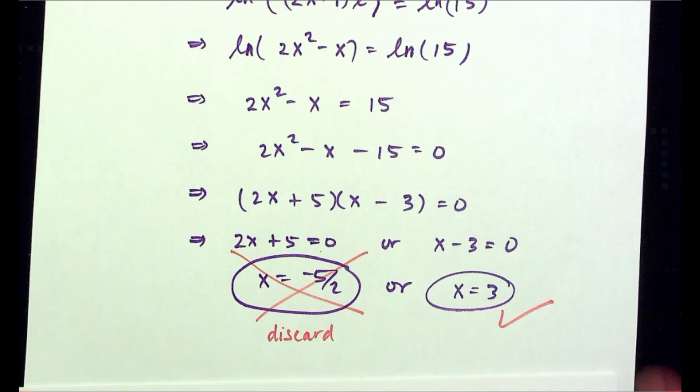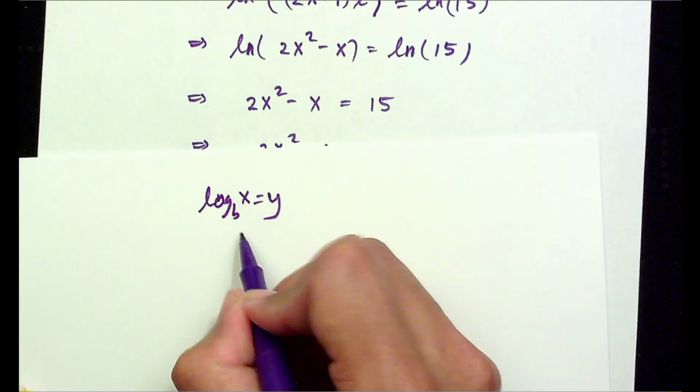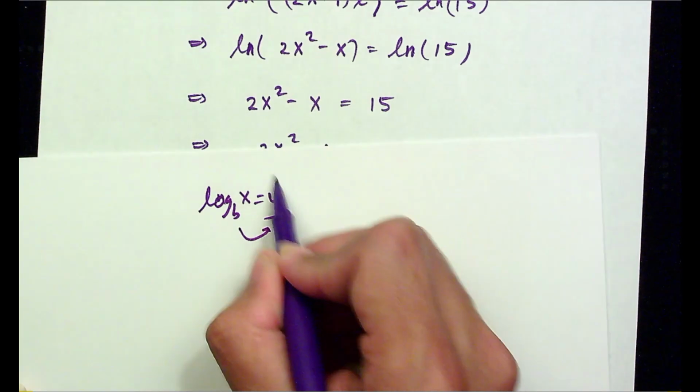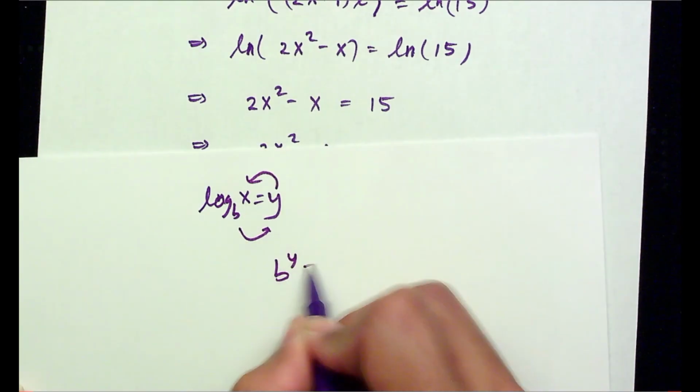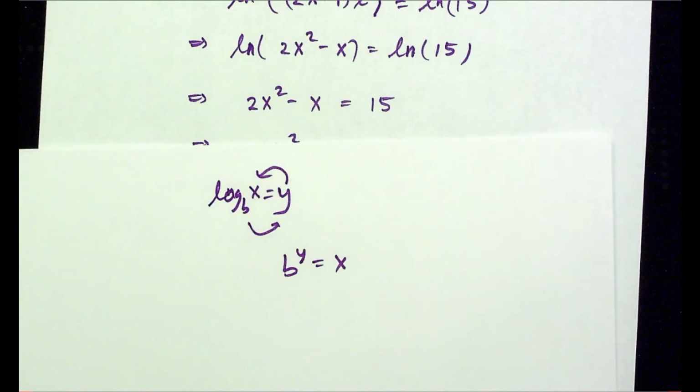Once you have all logarithms combined into a single thing on the left, such as this, then you can use a diagram. B to the y equals x. And you would have an equivalent equation that doesn't have any more logarithms.